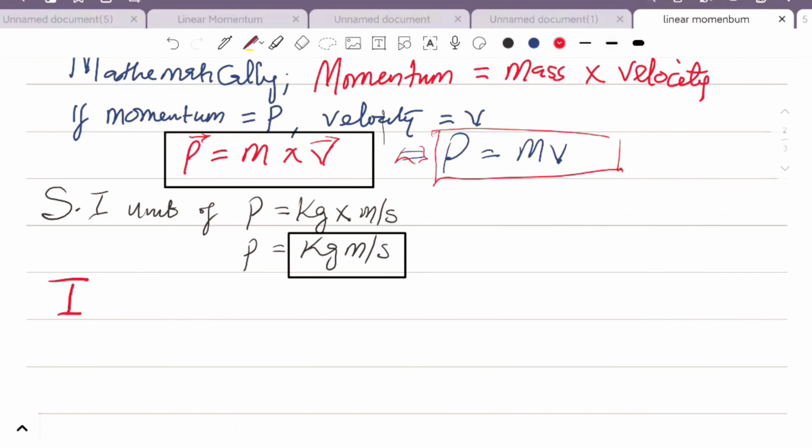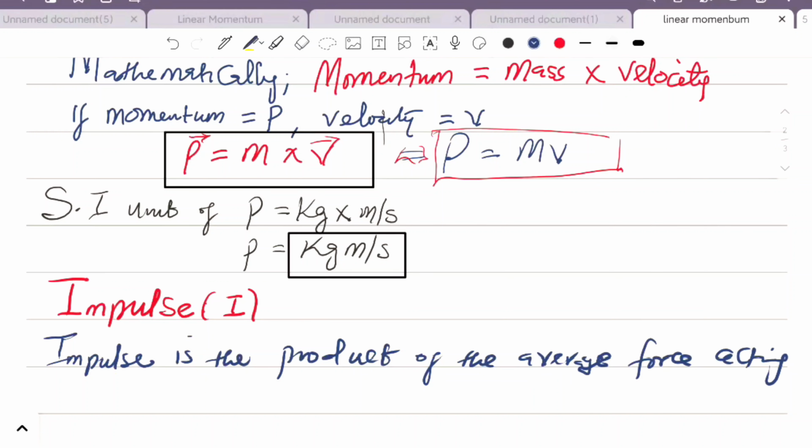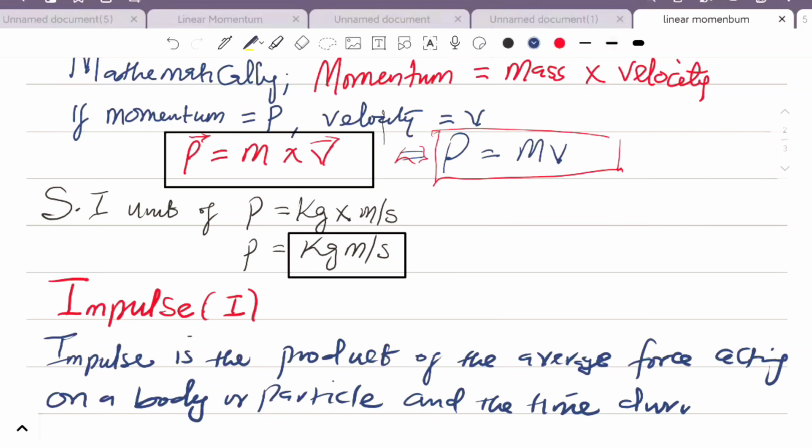Now, let's proceed to impulse. What is the definition of impulse, represented by uppercase I? Impulse is the product of the average force acting on a body or particle and the time during which it acts.